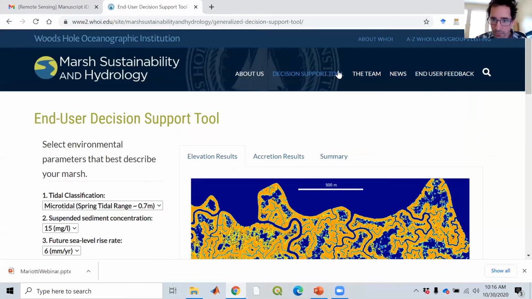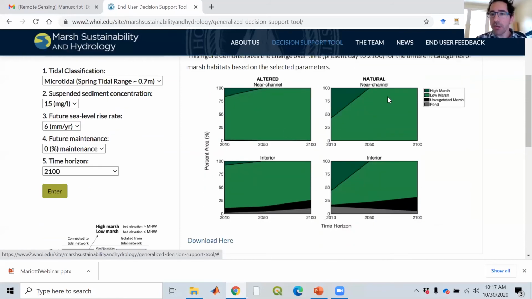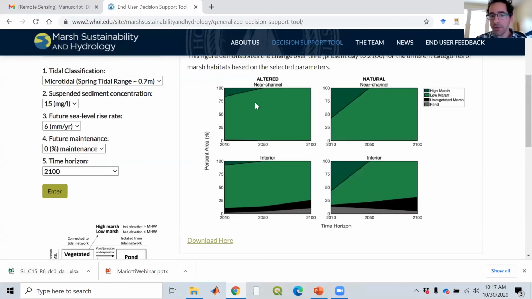And again, for this one, you can get the summary of the marsh type extent as a function of time. And you can even download it. If I do this, I think it's going to get an Excel file and it's going to give these values as actual numbers. So it might be used to evaluate.